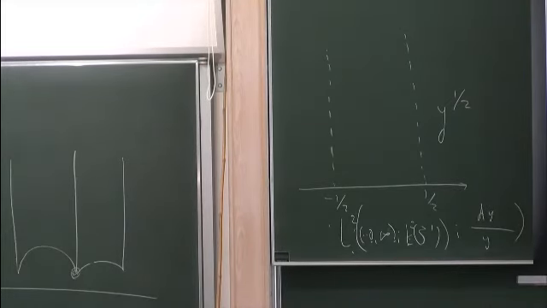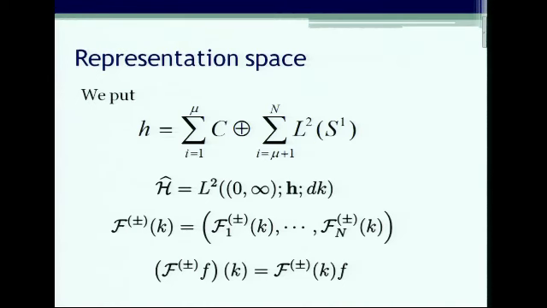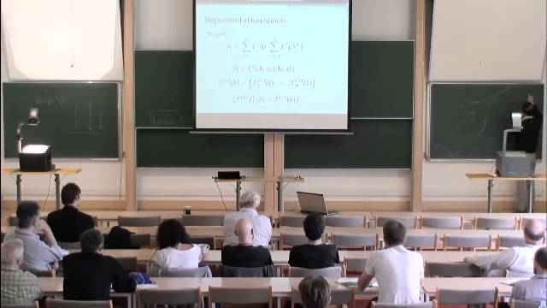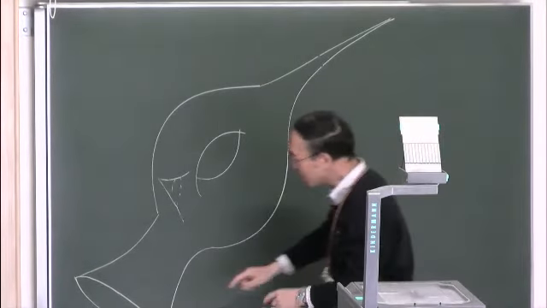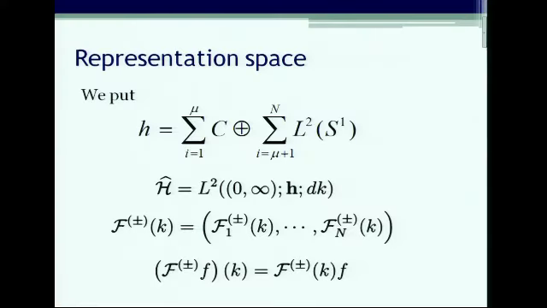To describe this Fourier transform, you need a representation space, the space at infinity, and it's very simple. For the cusp case, it's just the complex plane C, and for the regular infinity, it's just L2 S1.